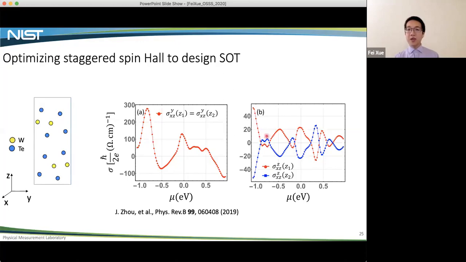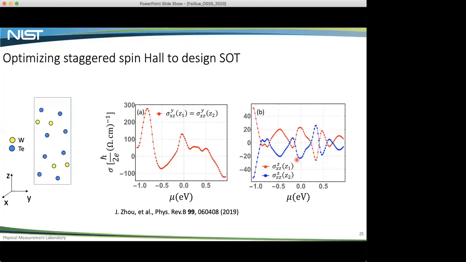So then we ask ourselves, of course, interface can also generate spin current, as Vivek showed before, but we want something even simpler, right? If we have a bulk material, can we have this kind of new spin current direction? And it's allowed by this staggering.